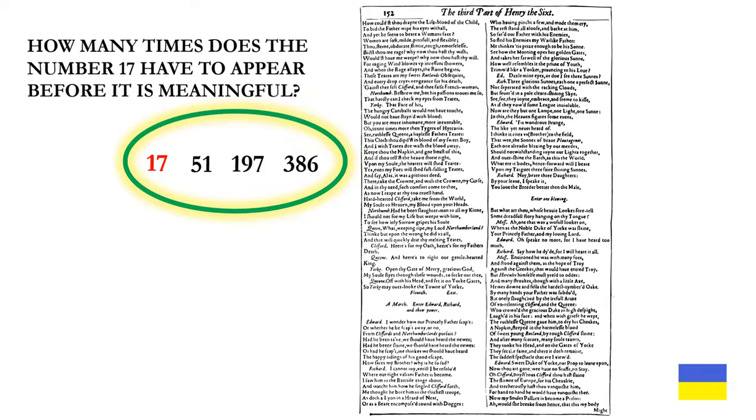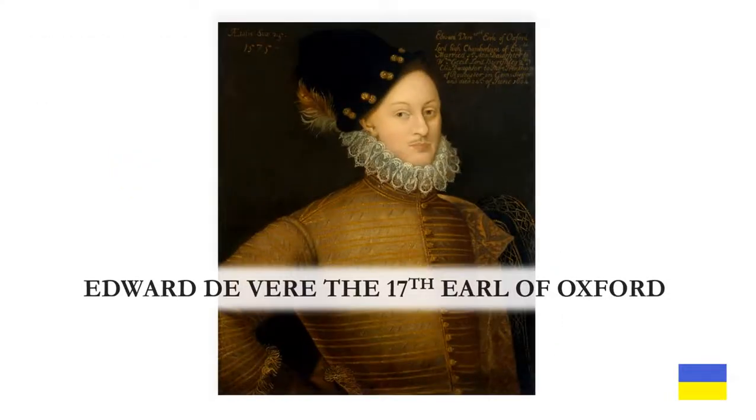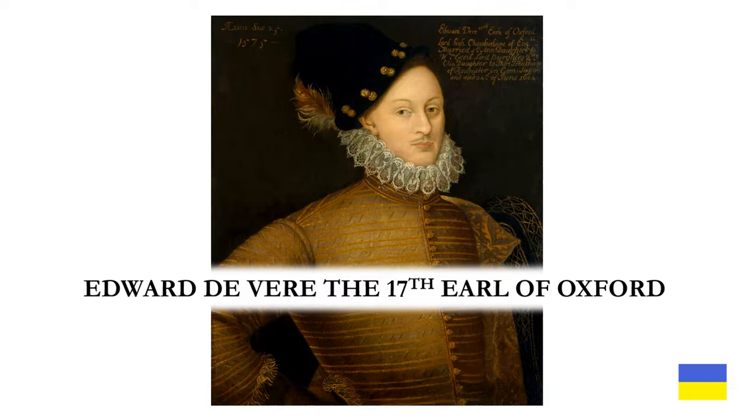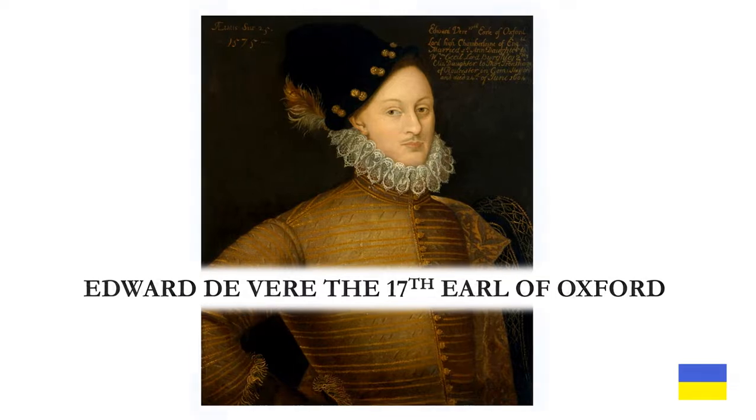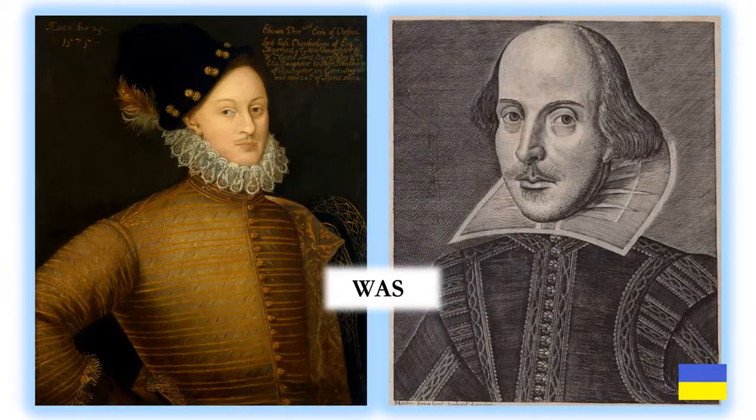How many times does the number 17 have to appear before it's meaningful? I believe that these little puzzles are further proof Edward de Vere, the 17th Earl of Oxford, was Shakespeare.